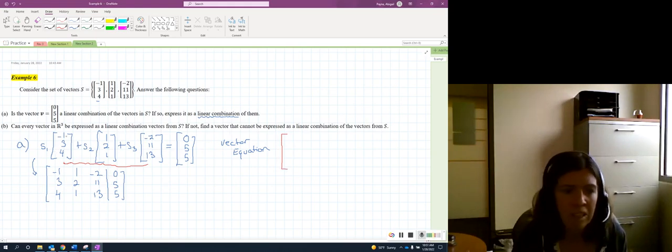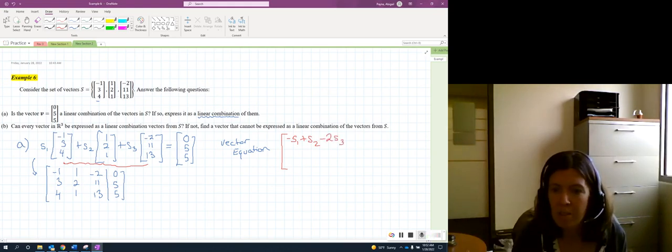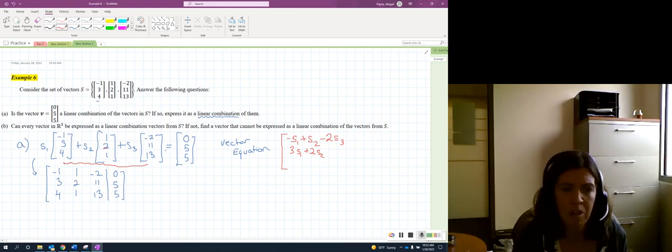What I would get is negative 1 times S1 plus 1 times S2, plus negative 2 times S3. In the second entry, I would have 3 times S1 plus 2 times S2, plus 11 times S3.